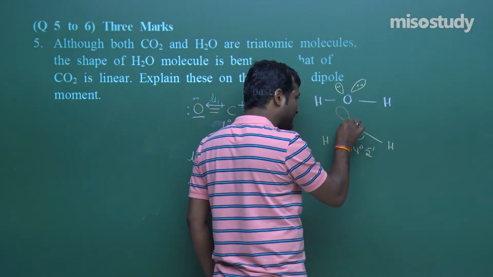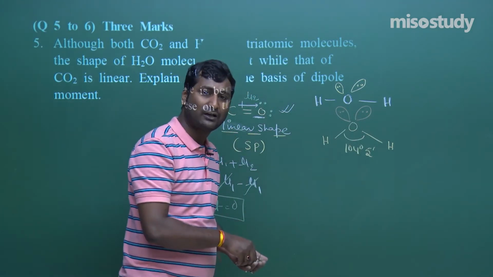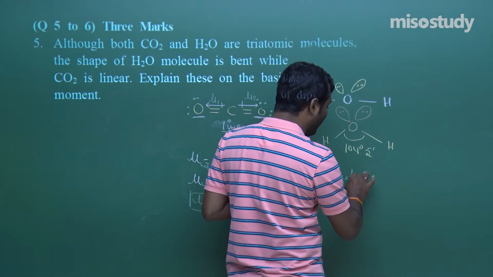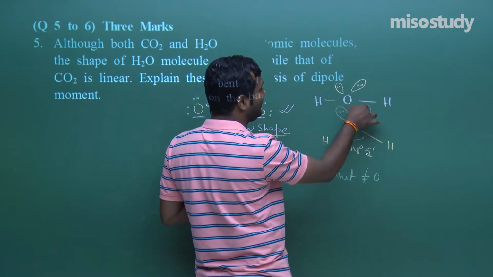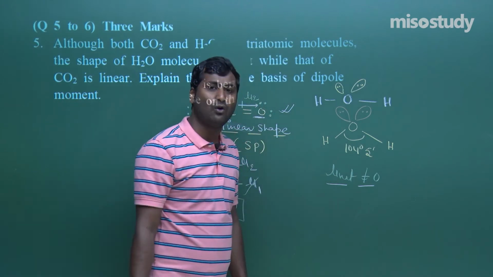But in carbon there is no such lone pair of electrons present. So in H2O the net dipole moment is not equal to 0 because the bond dipoles will not cancel each other. It has a dipole moment of around 1.84 D.